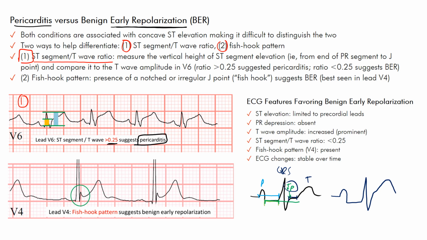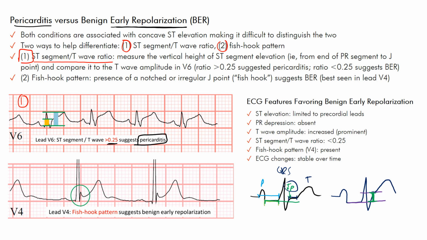draw across the PR segment, then you find the J point, draw a line there, and you want to take this ratio here, so that's going to be one of your numbers on the top.